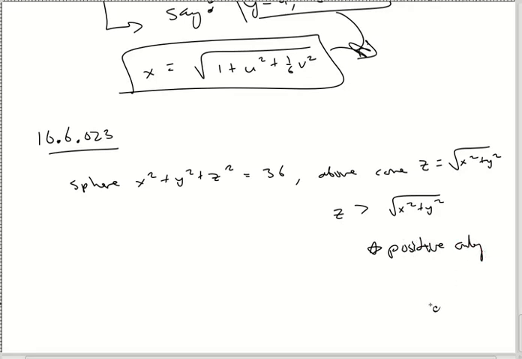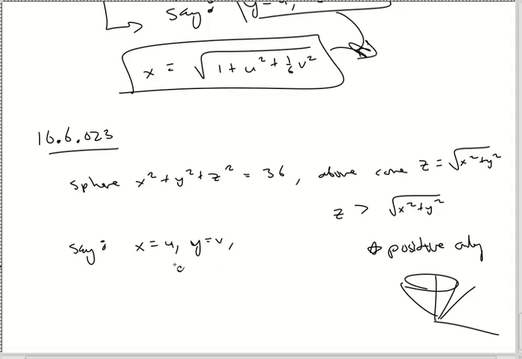Normally when we say cone, and we draw a cone, technically the cone is on both sides. But I'm thinking that they're only wanting the positive end of this here. And so I'm just going to assume here that x is equal to u and y is equal to v. And if that's the case, then z is equal to the square root of u squared plus v squared.